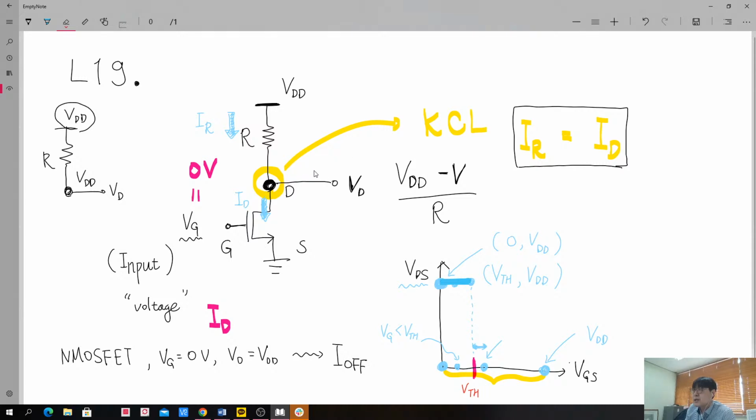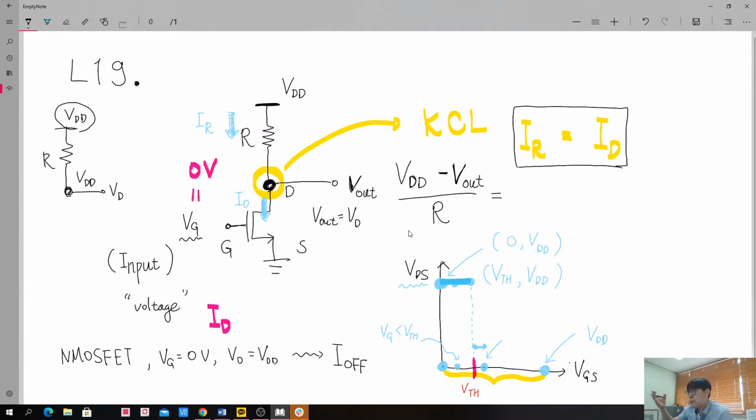So instead of this VD, let's call it output voltage, for example. Of course, this output voltage is the drain voltage. Then this left-hand side form, the IR form, is generally valid.